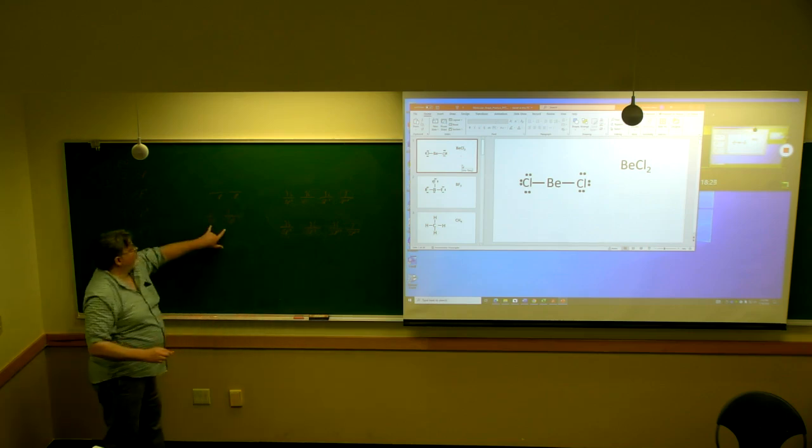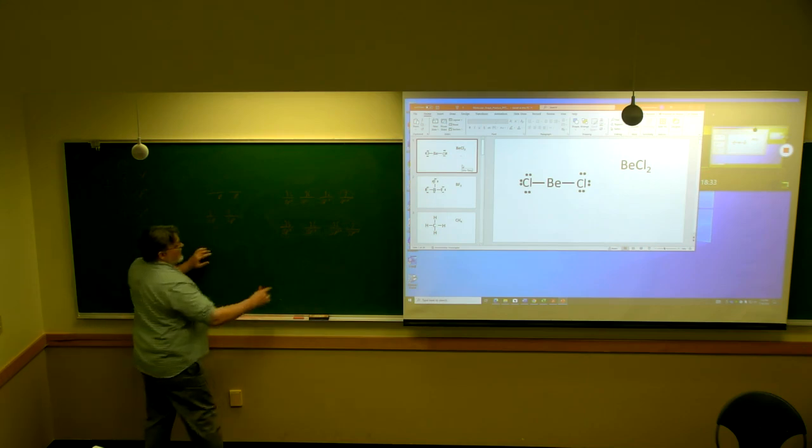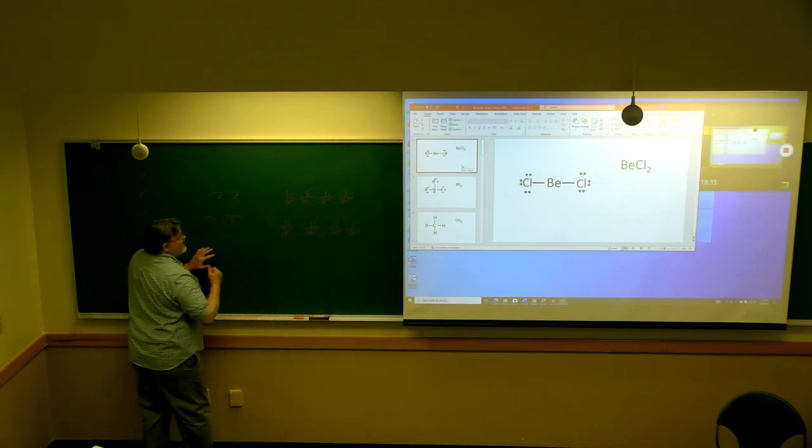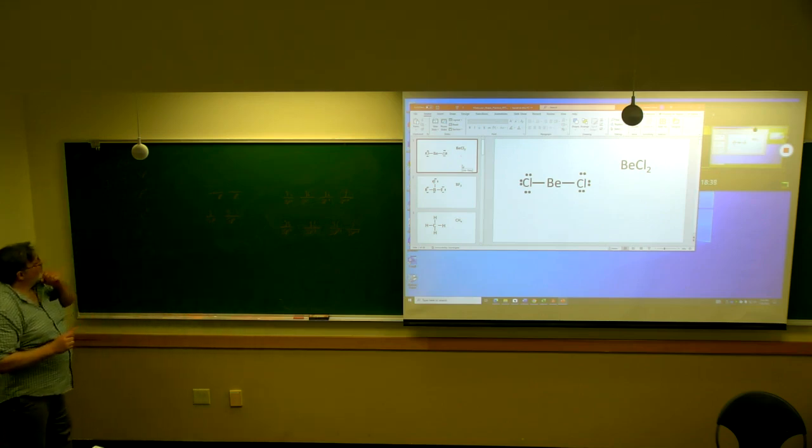So that's the only 2 electrons that came from beryllium. And then they're pairing with these, and what you get is, yeah, I have to start drawing orbitals for this to really click.